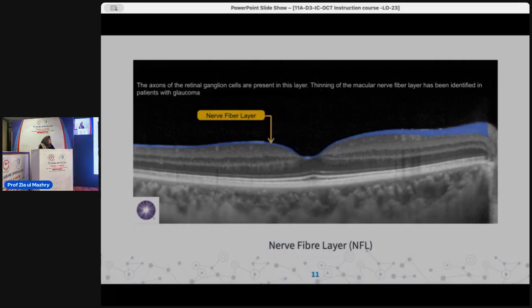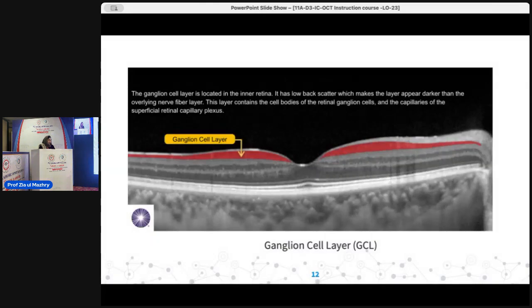Next, we move on to the layer of ganglion cell. The ganglion cell layer, I would like to briefly say here that the cells are duller and the plexiform layers appear brighter. They consist of plexuses and the light scatters and they appear brighter. So the plexiform layers will be hyperreflective.